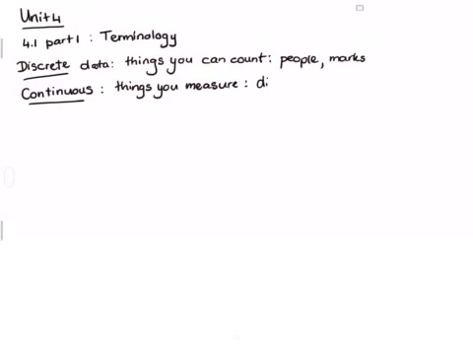So distance, you would just say so many kilometers to Cape Town. You won't say so many kilometers, so many meters, so many centimeters, etc. Weight, even area, anything you measure is considered continuous data.